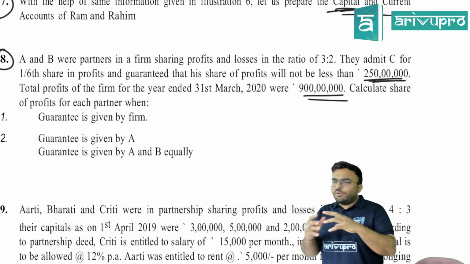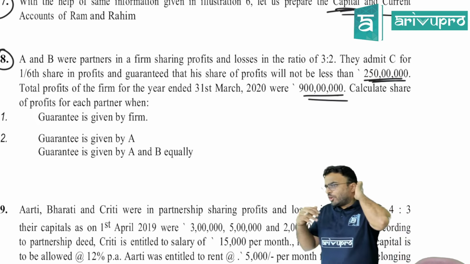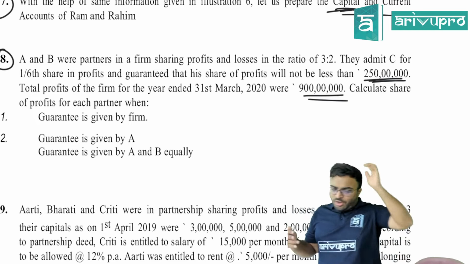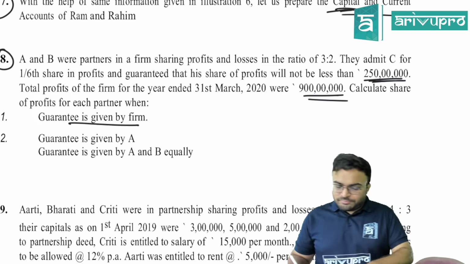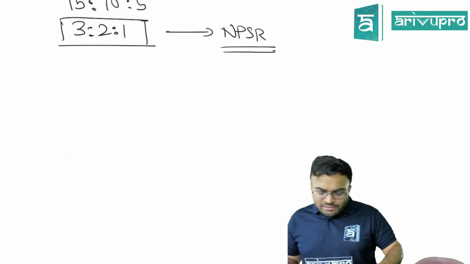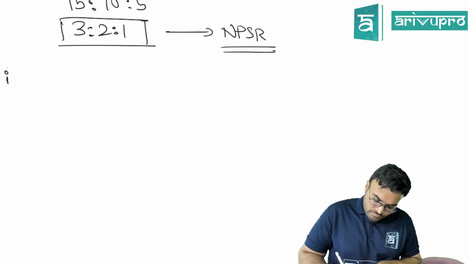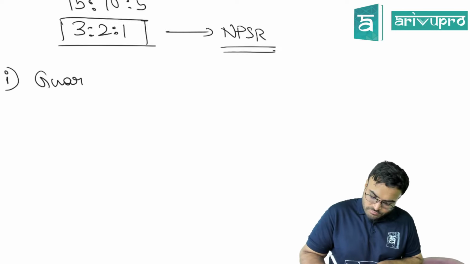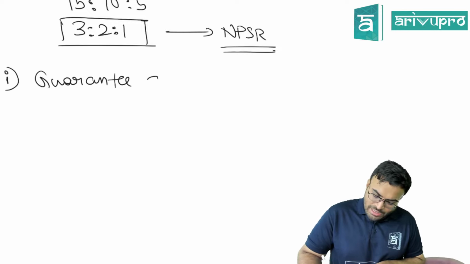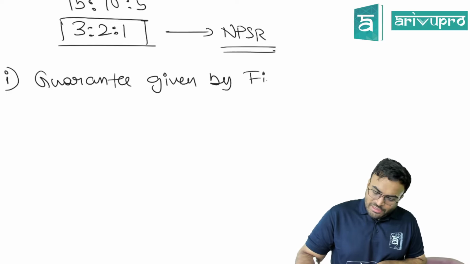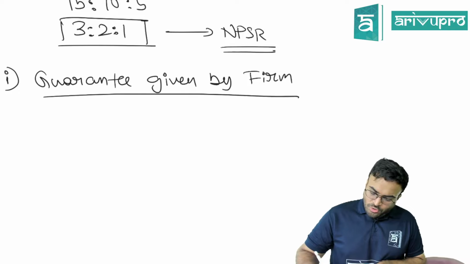If at all the profit was enough, we would just distribute to all partners. It would cross the minimum. So now what we will do, guarantee is given by the firm. If guarantee is given by the firm, what will happen? Who are the partners?